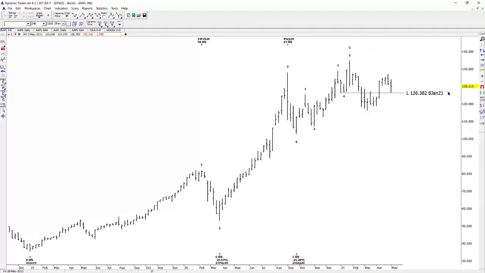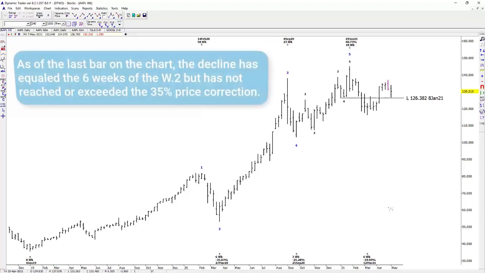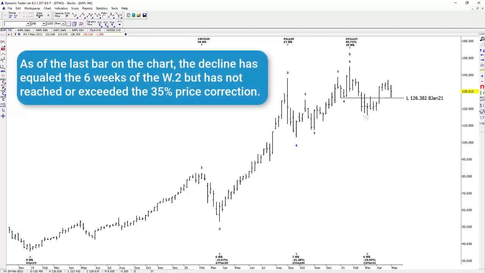So I've added data on, and this is weekly data, up till the time I'm recording this. So it's matched in time to this wave 2. It's not far short in price, but it's definitely shorter in price than either the 2 or 4. So it would indicate that more than likely Apple is going to be sideways to down and exceed this low.